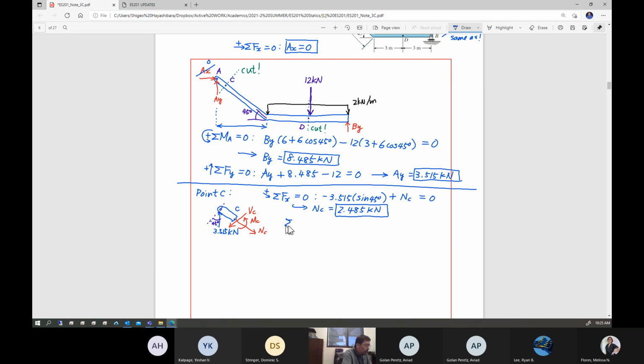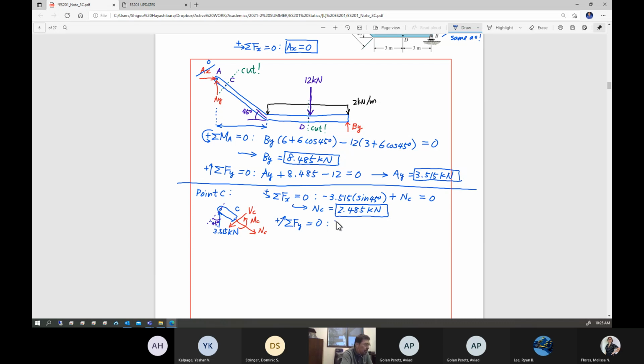Next is the summation of the force in y direction. Y direction is, again, the perpendicular direction to the axis of this cut member. If you do such a thing, now this component of this 3.515 kilonewton is basically cosine of 45, and it's positive direction.